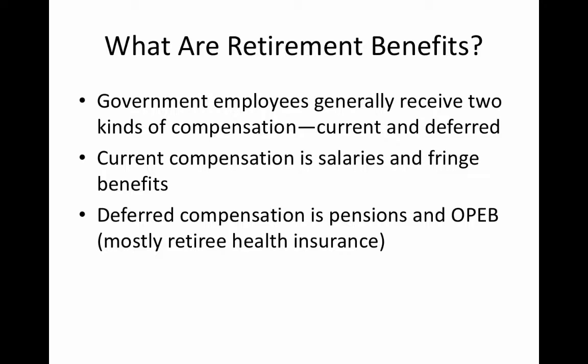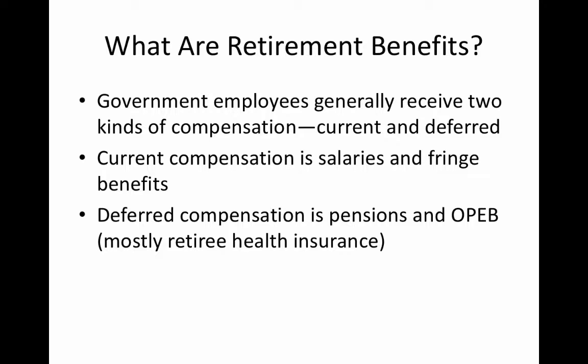But a significant part of compensation for many government employees is a deferred form of compensation that they are earning as they work throughout their careers, but which they won't receive until after they leave the employment of the government, generally by retirement when they reach their retirement age.